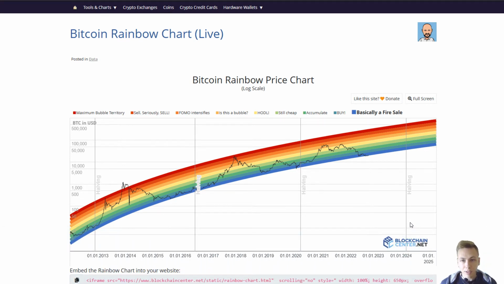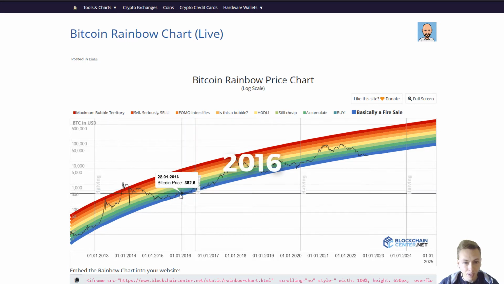Now, this might seem funny because the Bitcoin Rainbow chart is actually a really simple chart, but in my opinion, it's really interesting how this chart has played out so far. The first time that I saw this chart was around 2016.